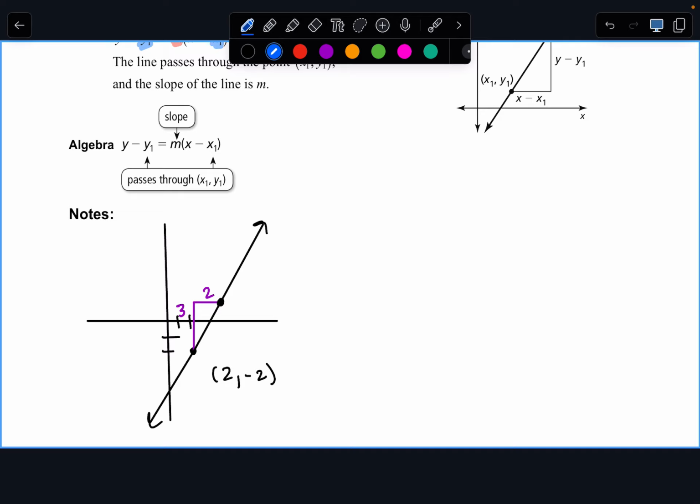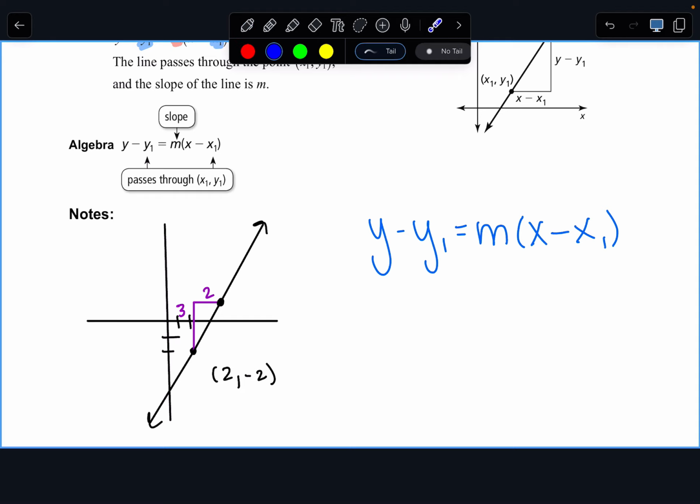So I'm going to take point slope form. y minus y1 equals slope times x minus x1. And what we're going to do is take our slope and our point and put it into our point slope form. Okay, so what am I going to put for y1? -2.